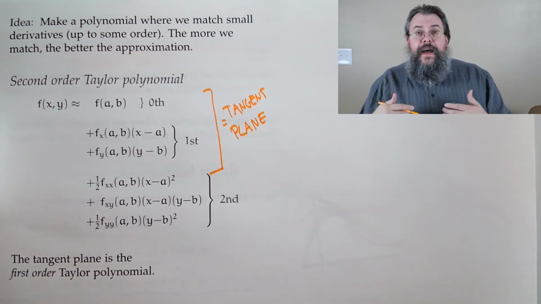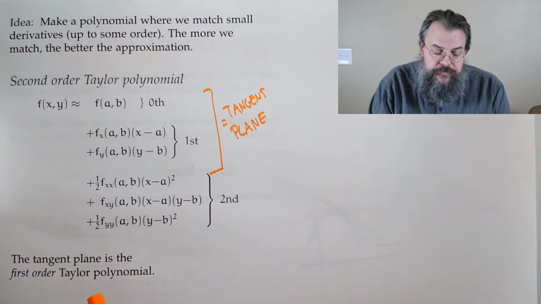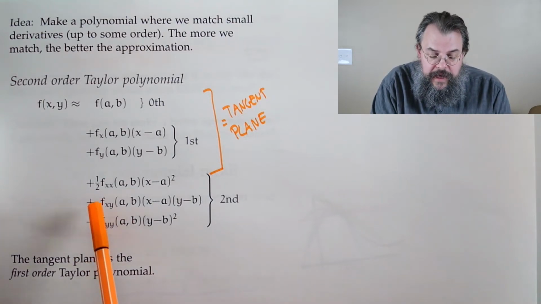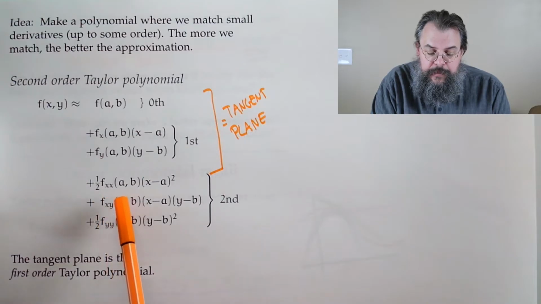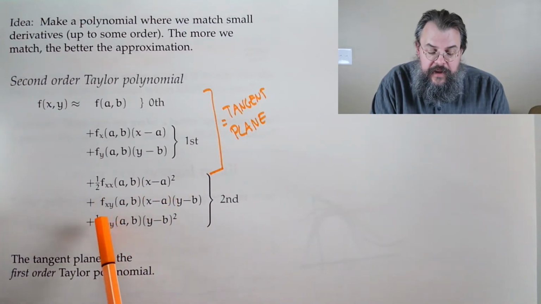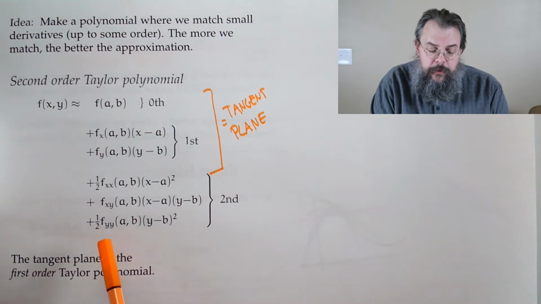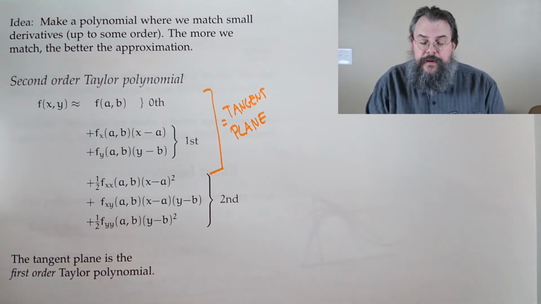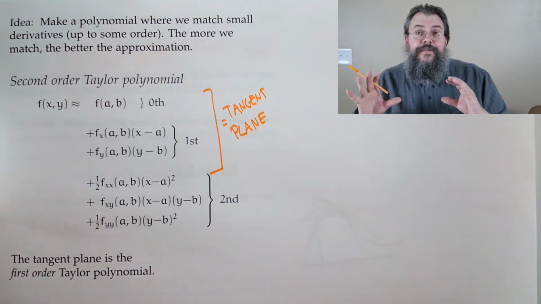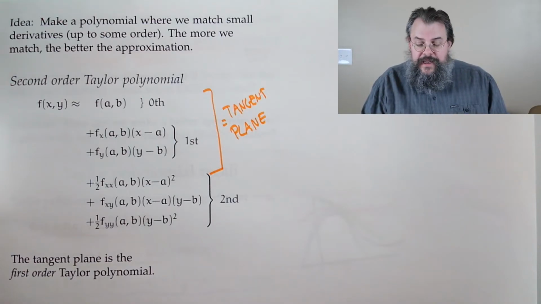We're going to also match the second order derivatives. So we have 1/2 f sub xx at (a, b) times (x minus a) squared, f sub xy at (a, b) times (x minus a)(y minus b), and 1/2 f sub yy at (a, b) times (y minus b) squared. And that is the second order Taylor polynomial.